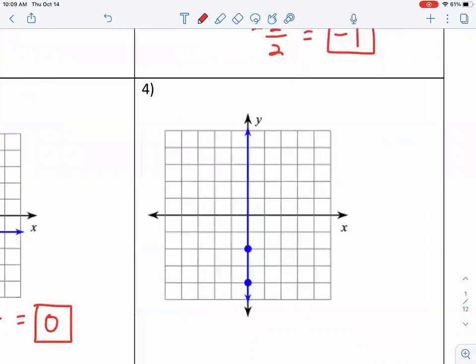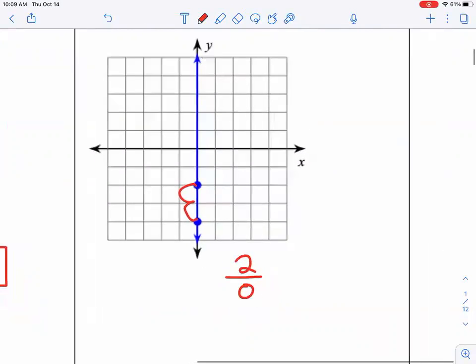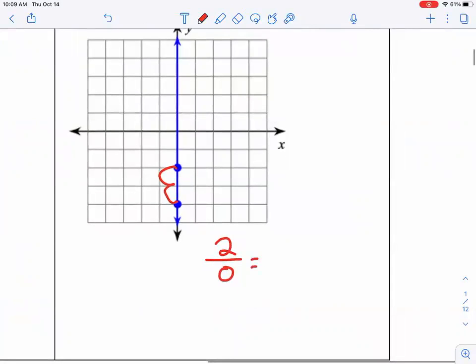Now for problem 4, the rise here is 2, but the run is 0 because we're not going left or right at all. When that happens, when the 0 is on the bottom, that is undefined.